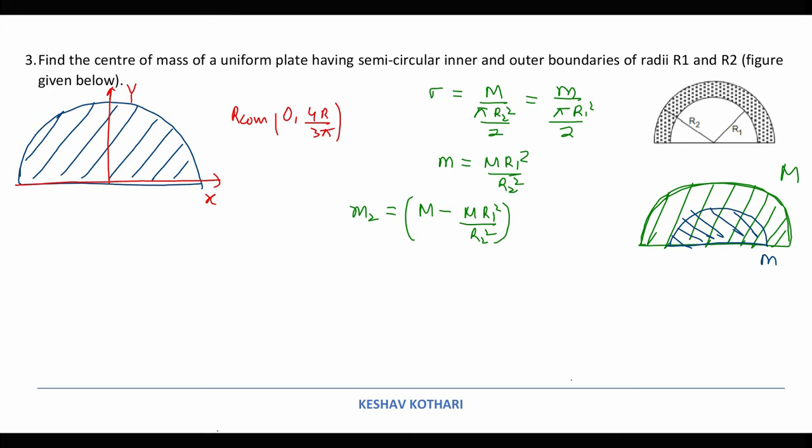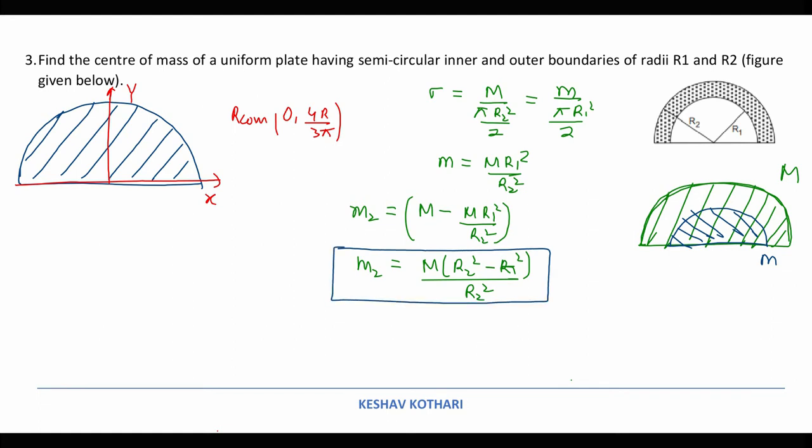Or I can rewrite it as m2 is equal to M times r2 square minus r1 square by r2 square. So we get an expression somewhat like this, that is the mass of the residual system. This one is the mass of the residual system, this one is the removed mass, and capital M is the total mass of the system which we are considering.